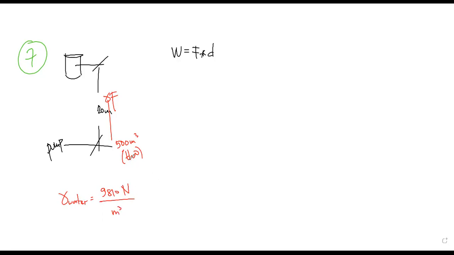So if we want to obtain the force needed to push the 500 cubic meters of water, we can say that the force needed is equivalent to 9810 multiplied by 500 cubic meters.